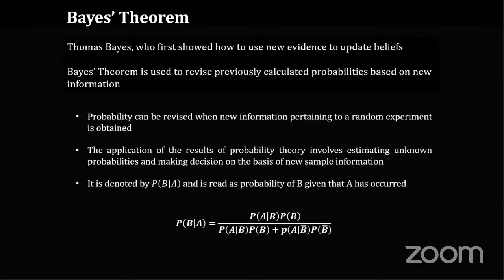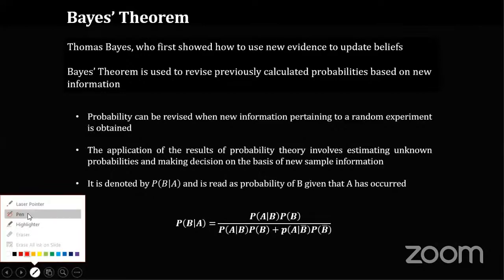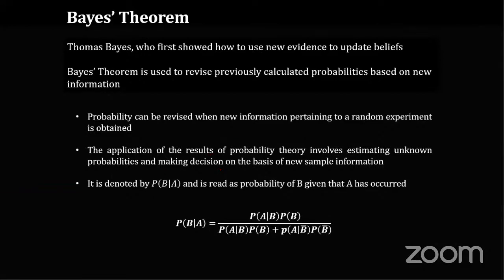Probability can be revised when new information pertaining to a random experiment is obtained. The application of the results of probability theory involves estimating unknown probabilities and making decisions on the basis of new sample information.